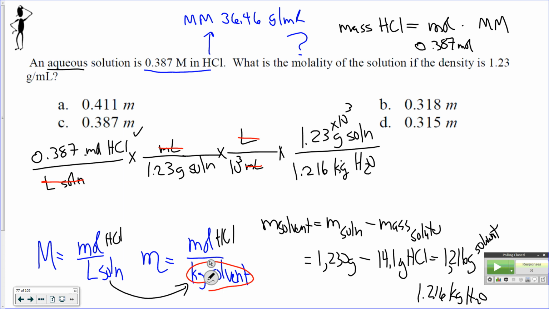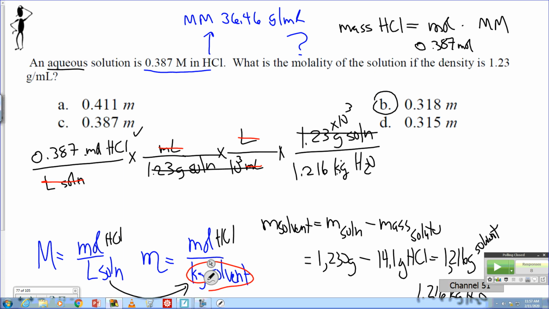Or you just could have taken this number of moles and divided it by this number, but I'm just letting those two things cancel out. And the number I get is choice B.